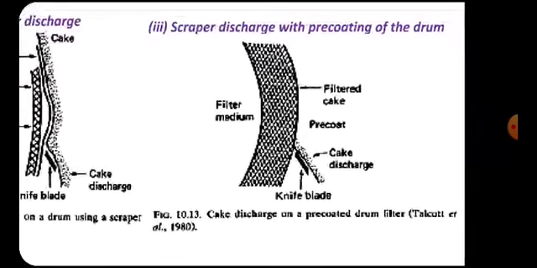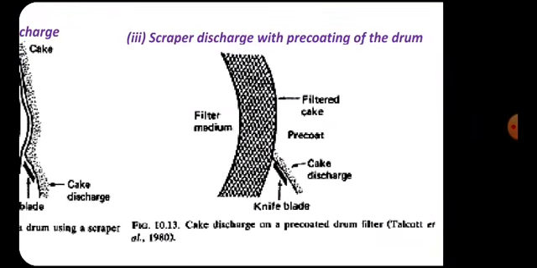And the third one is scraper discharge with pre-coating of drum. The only difference is that the earlier one and this one are the same. Here also there is use of a knife blade. The difference is that this filter cloth is covered with a filter aid which forms a coat, for example, diatomaceous earth.